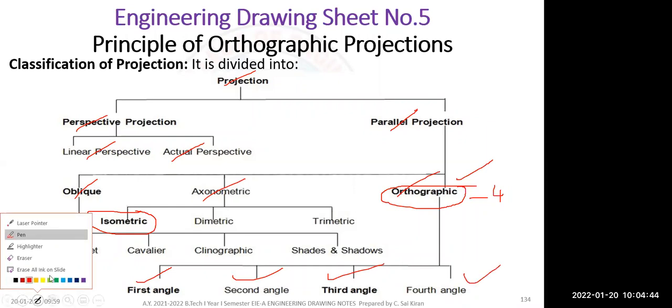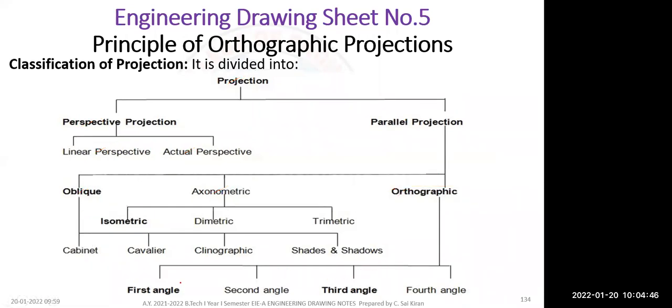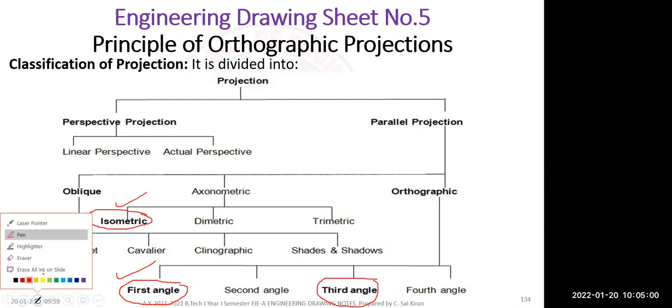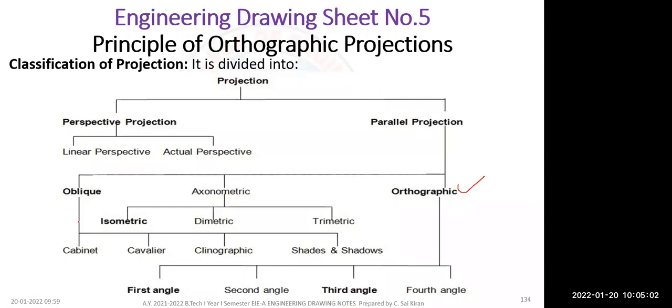Out of all these, we generally learn the first angle method and third angle method, and we use only the first angle method. Isometric projection you will be learning in the 5th unit.